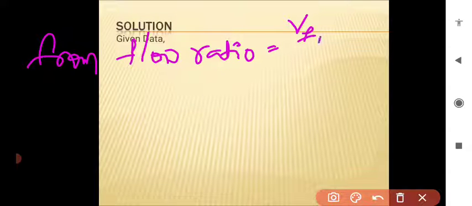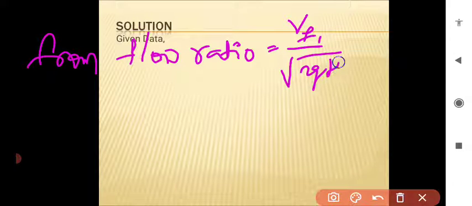So from flow ratio, we know the flow ratio equation: Vf1 by under root 2gh is equal to 0.7. So from this equation we have to calculate the Vf1 value.